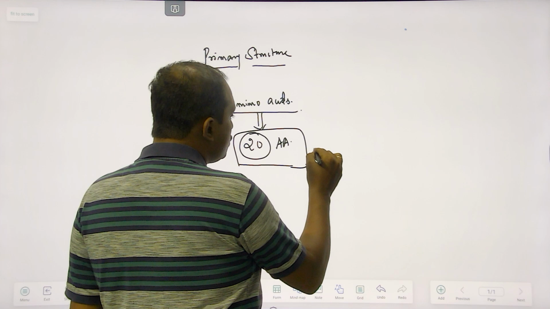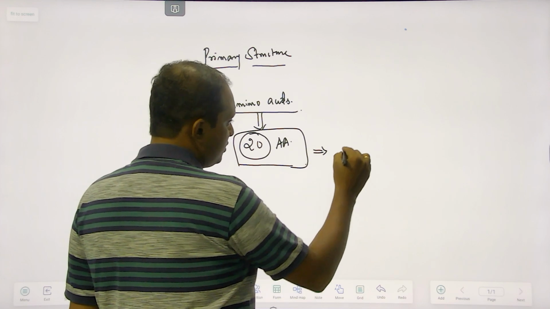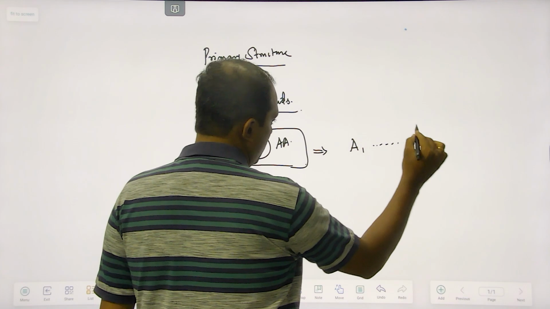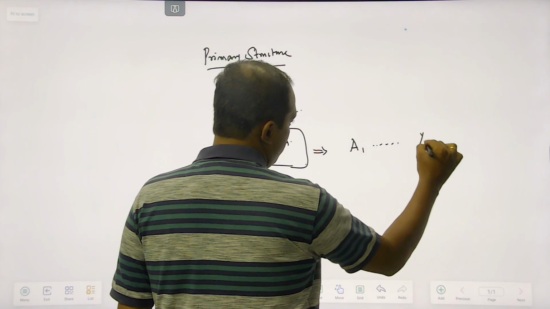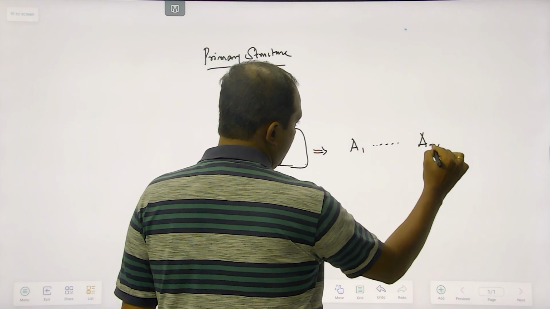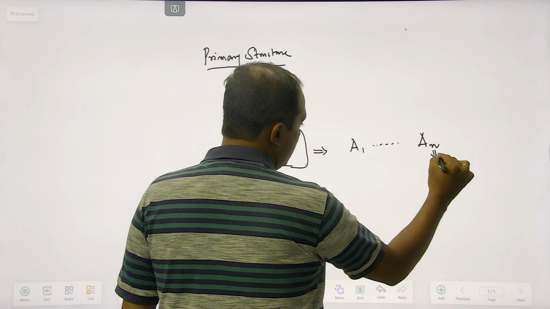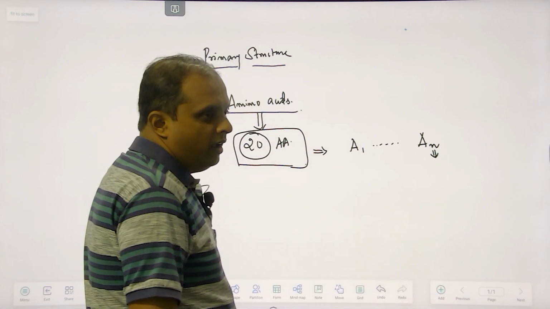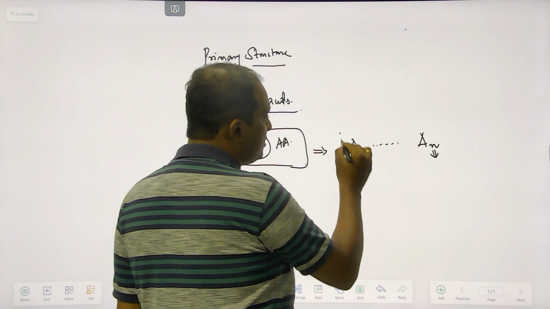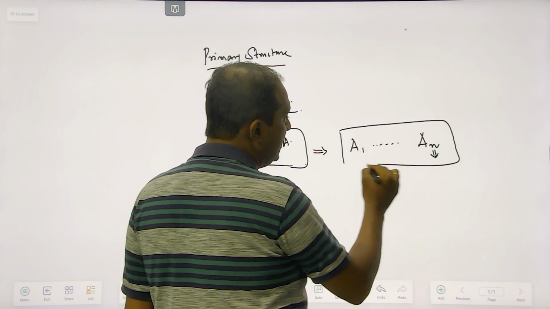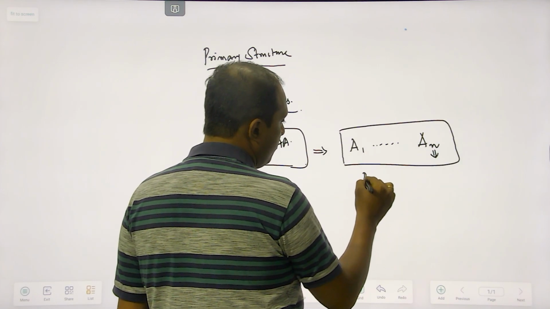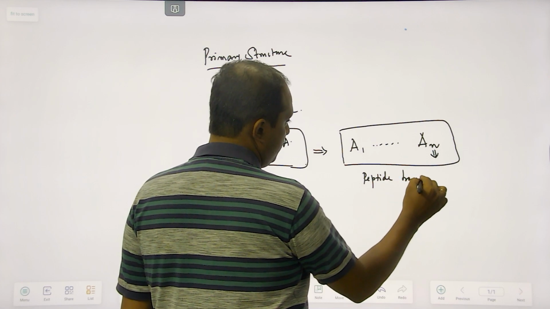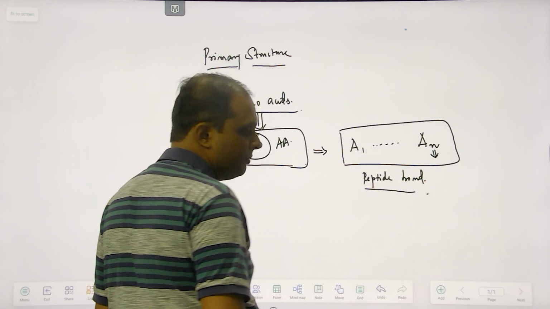These 20 amino acids are generally arranged in a particular sequence, like for example A1 to AN, and this N will vary from protein to protein, okay. So what is this actually? These are amino acids which are linked by a bond called a peptide bond, okay.